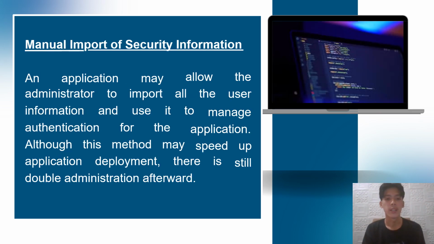For example, when an employee leaves the organization, the administrator has to delete the user both from the organization's user list and from the application list. Manual import of security information. An application may allow the administrator to import all the user information and use it to manage authentication for the application. Although this method may speed up application deployment, there is still double administration afterward.